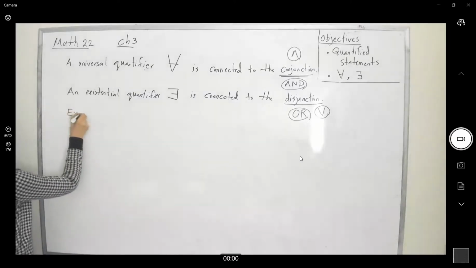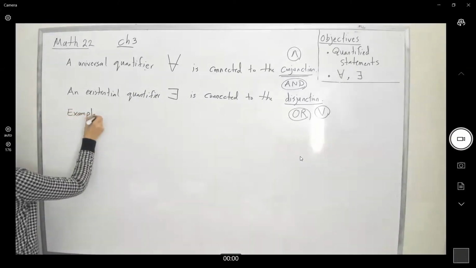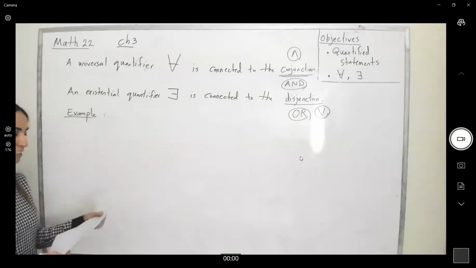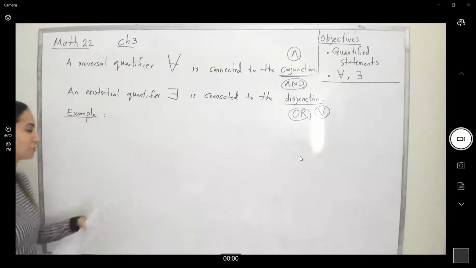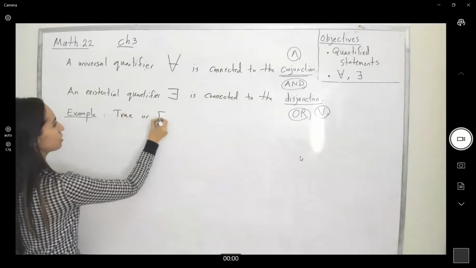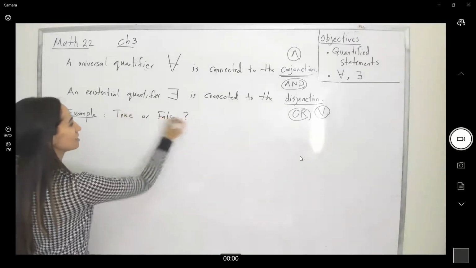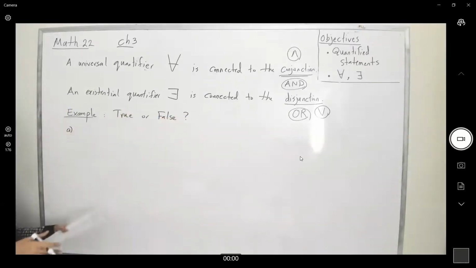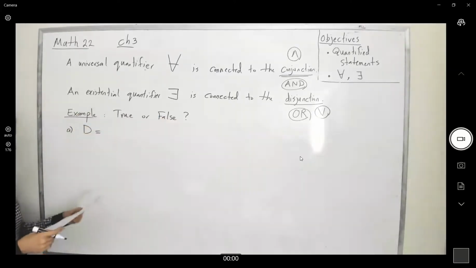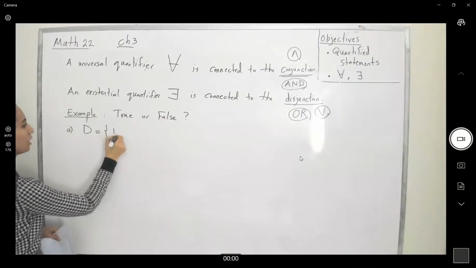Example for you. This example says, investigate the truth and falsity of these universal statements, true or false. The first one says the domain is given as 1, 2, 3, 4, 5.